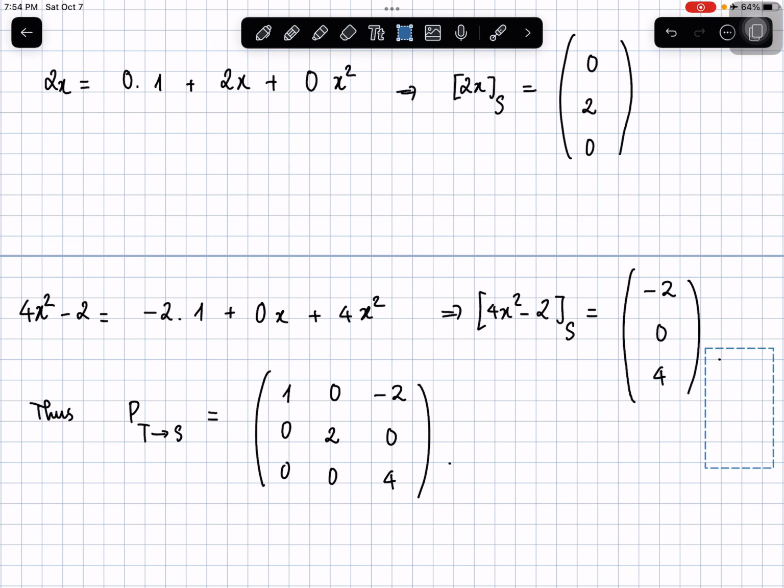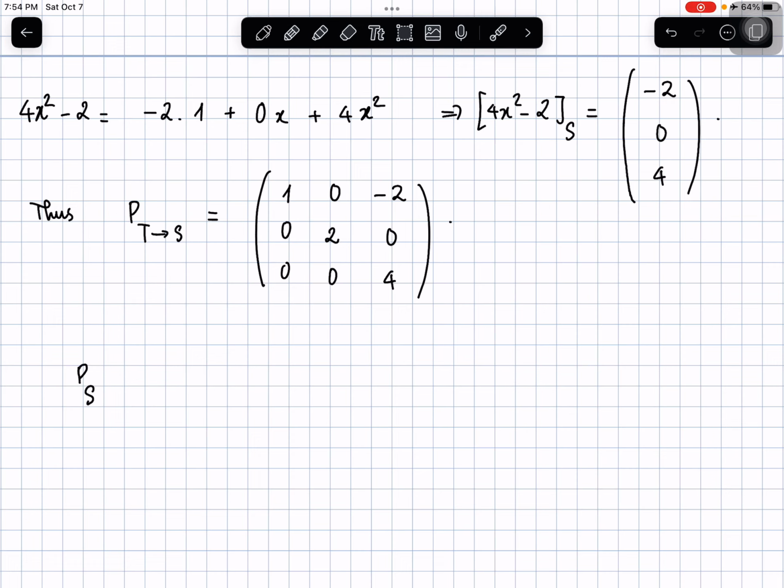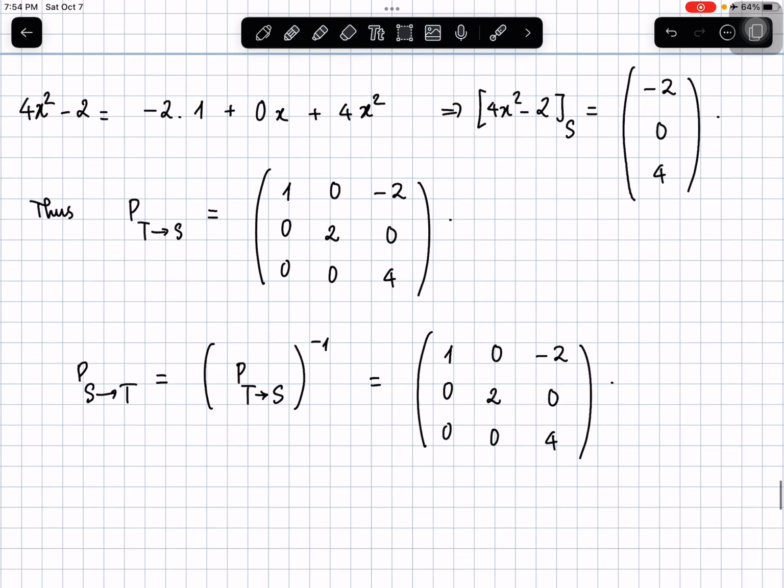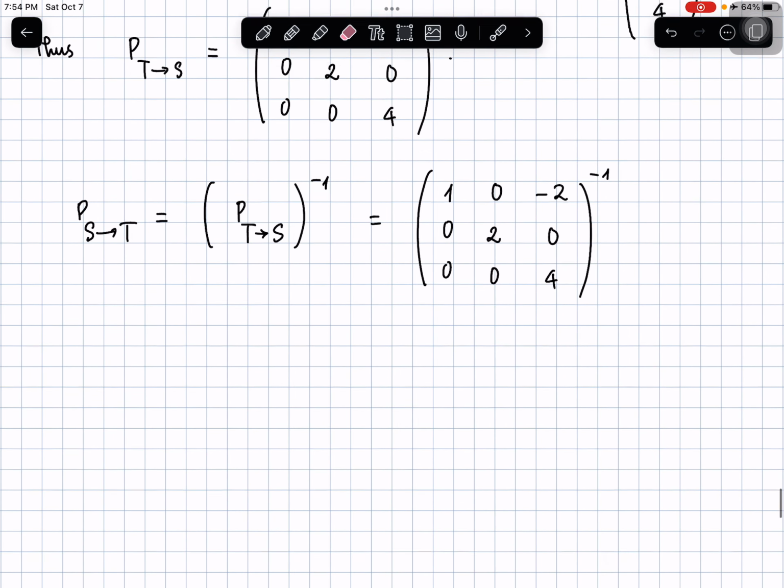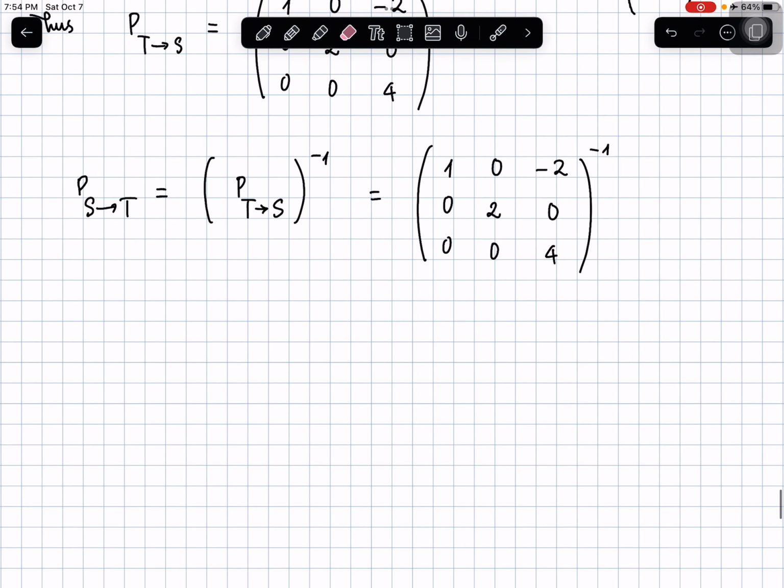And we have a transition matrix from T to S. The transition matrix from S to T is just the inverse of the one from T to S, so you need to compute the inverse of this matrix. This is the result.